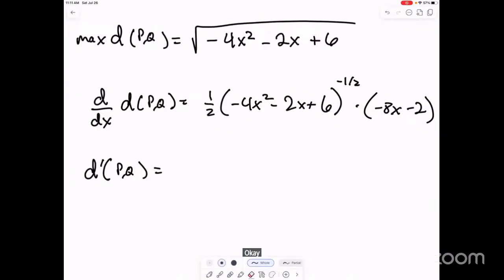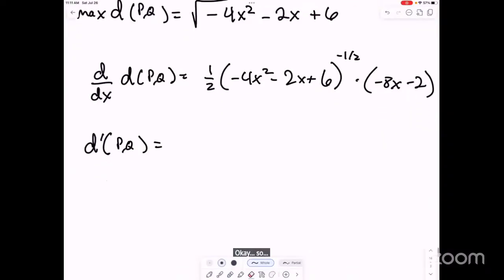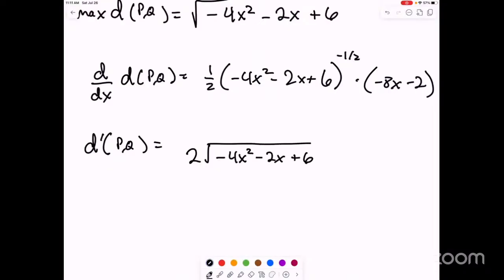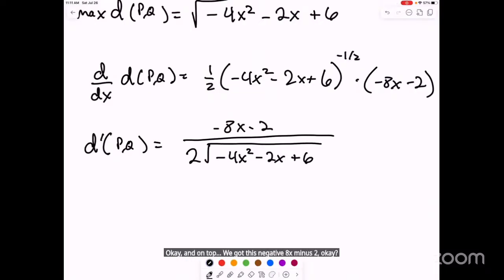Okay, so now on the bottom we have this 2 times the square root, and on top we got this negative 8x minus 2, okay?